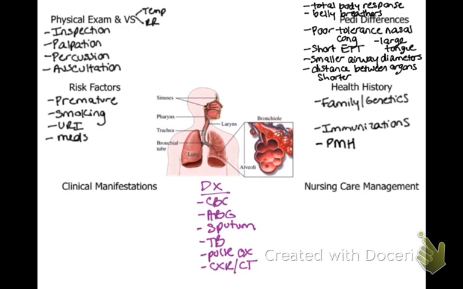They have shorter eustachian tubes, smaller airway diameters, and the distance between the organs is shorter. So it basically means that they're at higher risk for developing infections, because it's easy for that virus or bacteria to get to where it wants to go to cause the infection. Remember, their little eustachian tubes are almost completely horizontal until they're about 2 years of age.